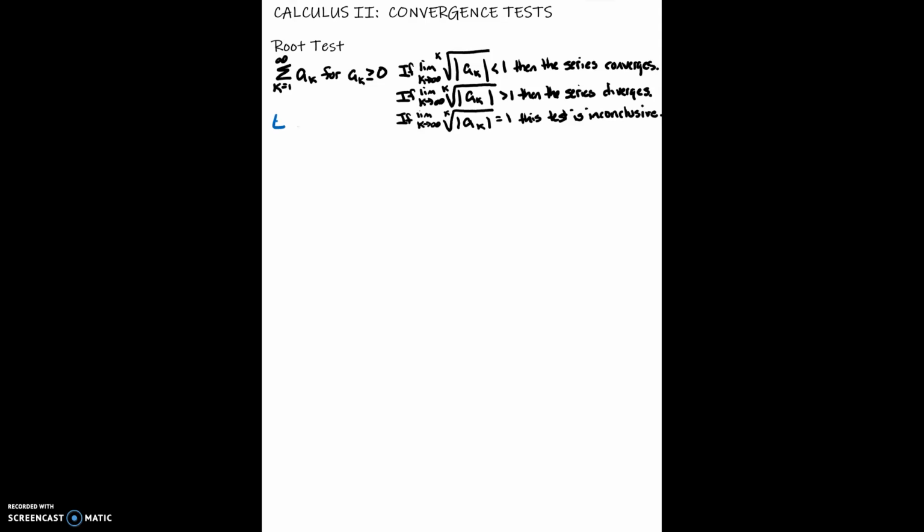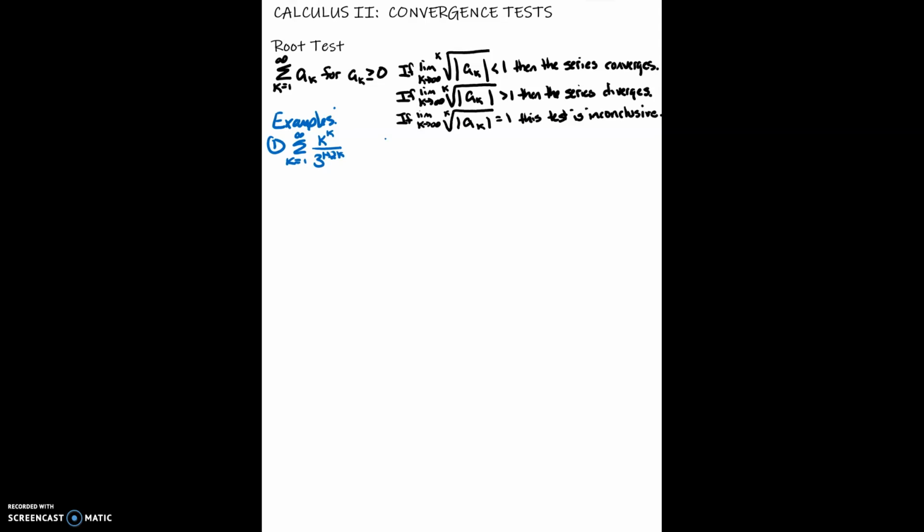So let's try some examples here. Let's begin with the sum as k goes from 1 to infinity of k raised to the k over 3 raised to the 1 plus 2k. Now, I'm not going to work with the series itself.